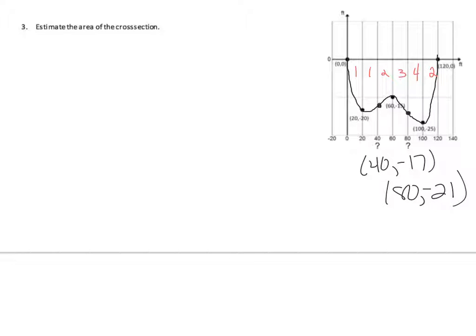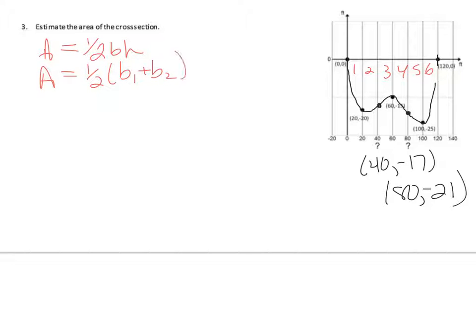So to estimate the area of the cross section, we're actually going to number them 1, 2, 3, 4, 5, 6. We need the area of a triangle, which is 1/2 base times height, and the area of a trapezoid is 1/2 base 1 plus base 2 times height. So we have all of these shapes here.